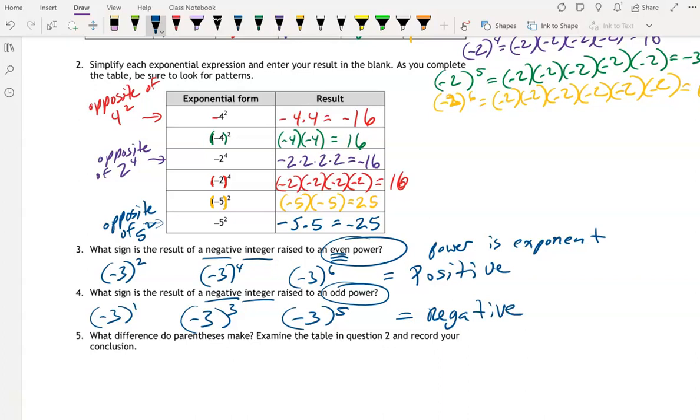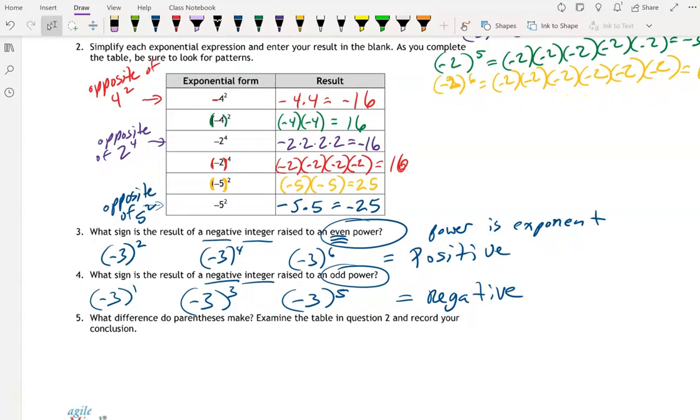So, in the table that we looked at before, it asked, what difference do parentheses make?